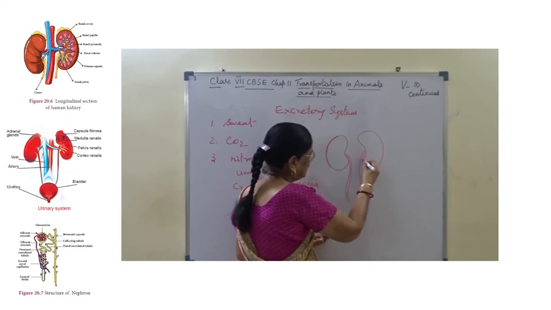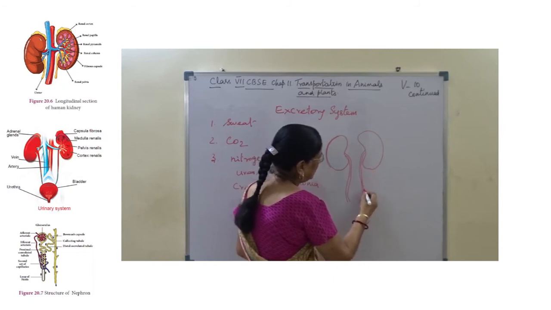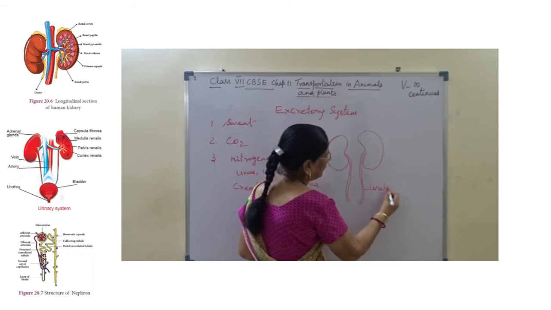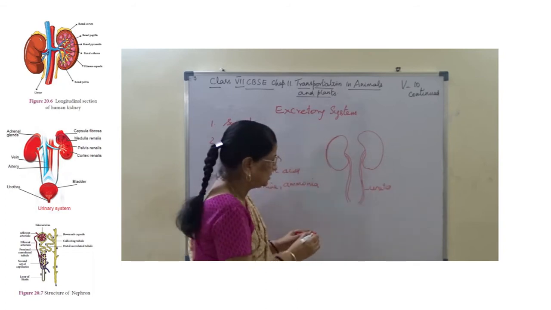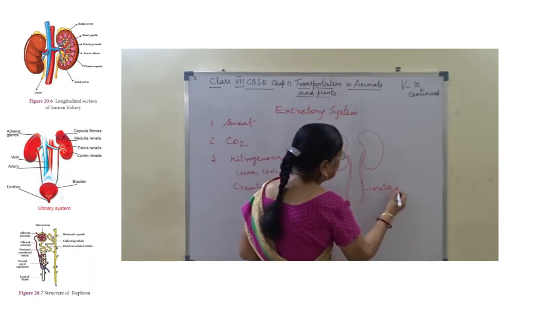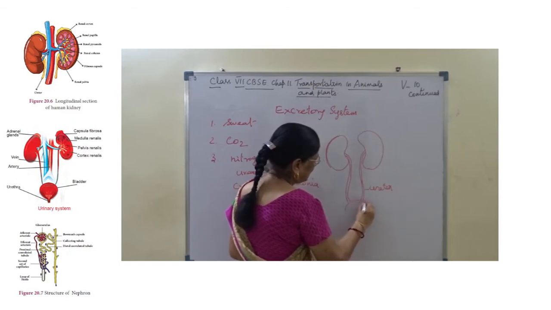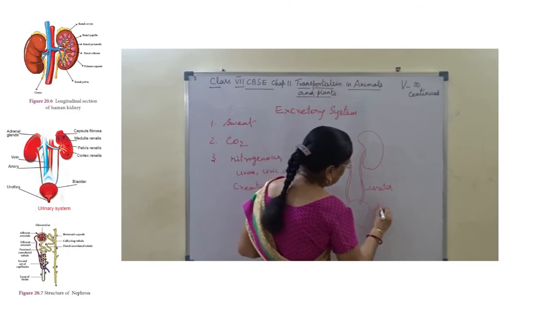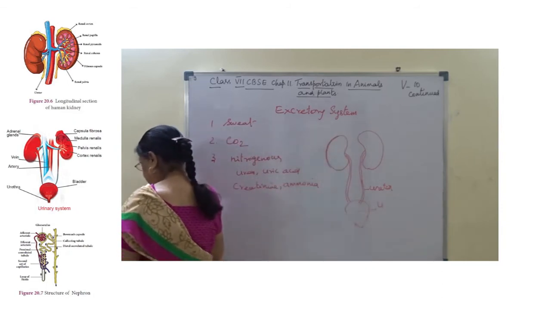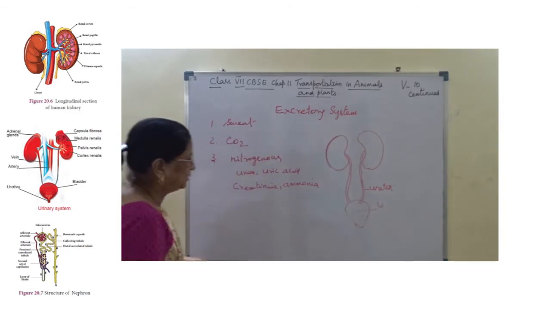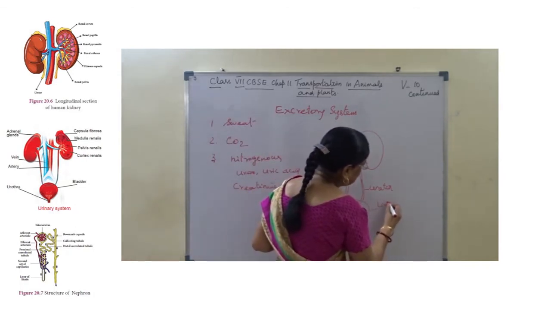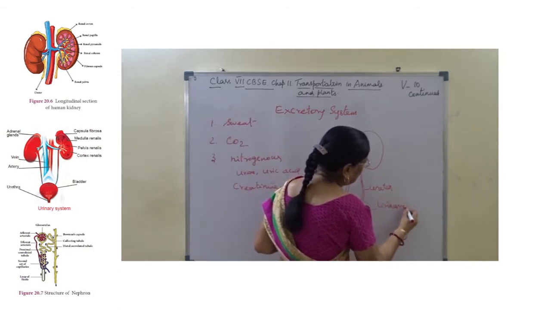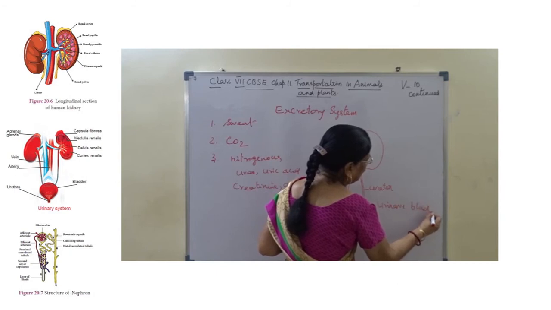From the kidney, a tube called the ureter emerges. This ureter opens into a muscular elastic bag called the urinary bladder.